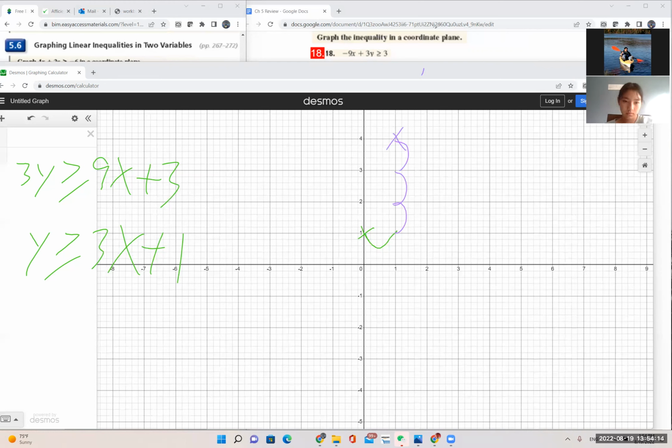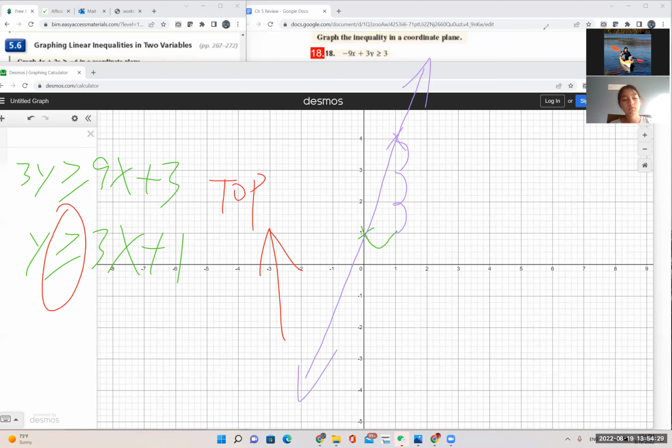Yeah, I just quickly use it. You get the line, right? And here, greater than shows it is on the top side of this line. So then, of course, it's this side, right?